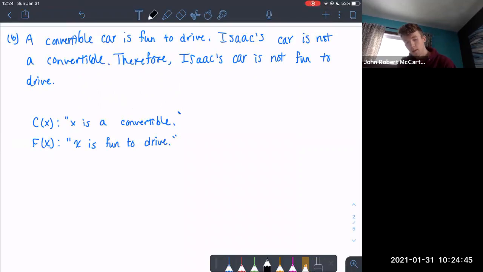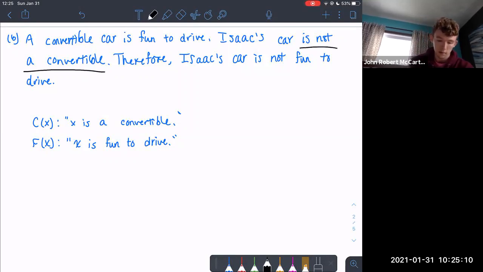And we can tell that there are 2 different things that we can say about cars based on these sentences here. And we're going to decode them into predicates, again, like last time. So I'm going to start with the second sentence. The second sentence says Isaac's car is not a convertible. So we have some sort of statement that says whether a car is a convertible or not.